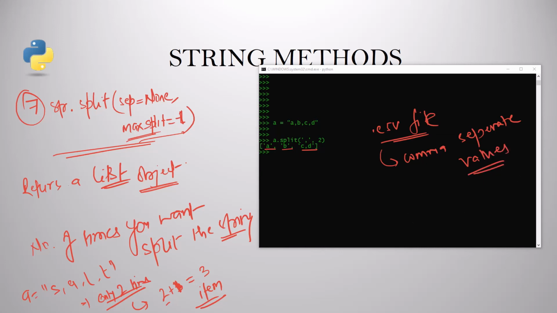Comma separated values means you have a file, for example for data like name, last name, age, and the first line should be like this, and the second line is name is equal to Raj Kumar and age is 28.